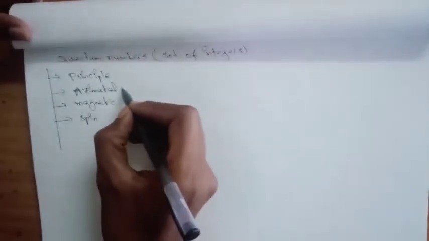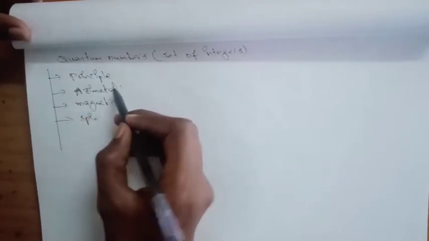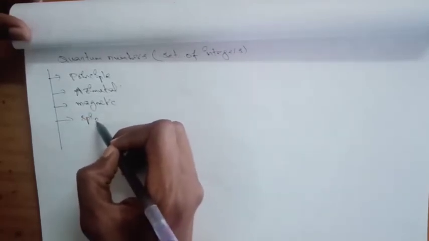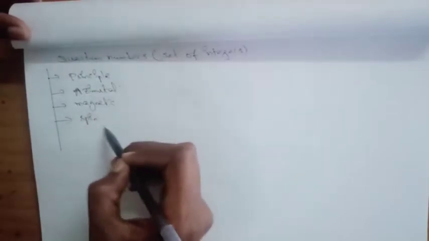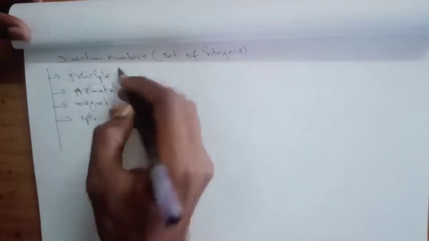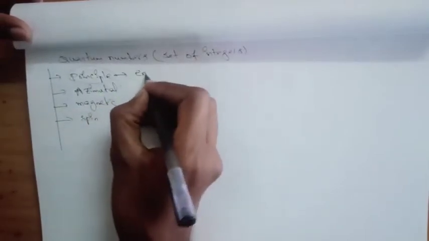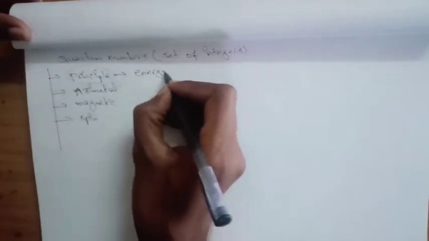These three quantum numbers, azimuthal, magnetic, and spin, basically depend upon the principal quantum number. Why? Because it indicates the energy of the orbit.